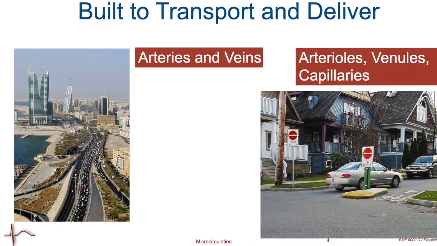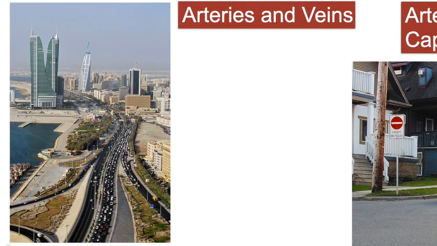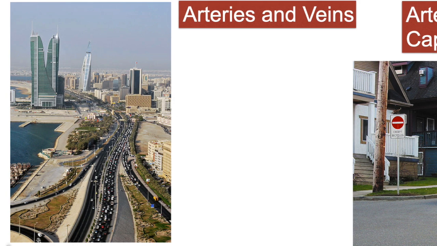That's the space that we're going to have a look at now. And again, from a high-level perspective, to put it in context, we have the transport, as I called it before, which is the big veins and arteries, and then we drill down and think about delivery. You can picture this as an interstate transporting large volumes of traffic, but none of that traffic actually does any good. It just fills up the interstates.